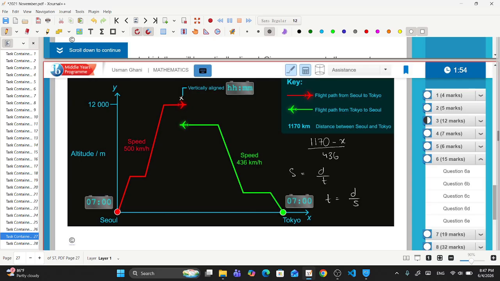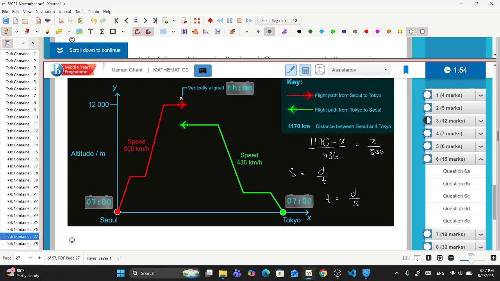But we also have to make another equation. If this distance is x, I can also say that x should be divided by 500, because this is exactly at the middle pathway.